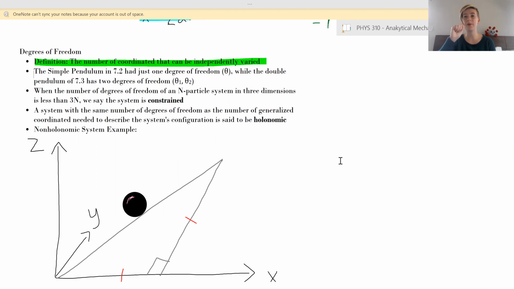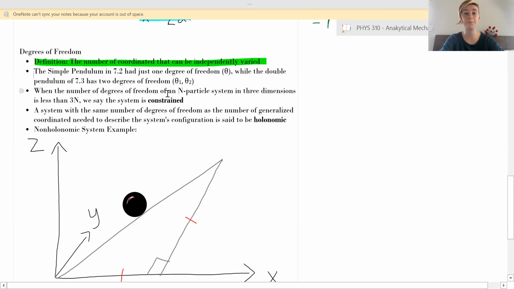If you have something that changes over time, like position in 3D space, then X is affected by T, Y is affected by T, and Z is affected by T. So that's 3 degrees of freedom because all of those are affected by T and rely on T. So T doesn't count as a degree of freedom, but the stuff that it affects does.